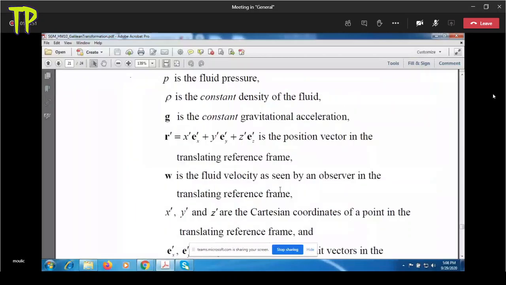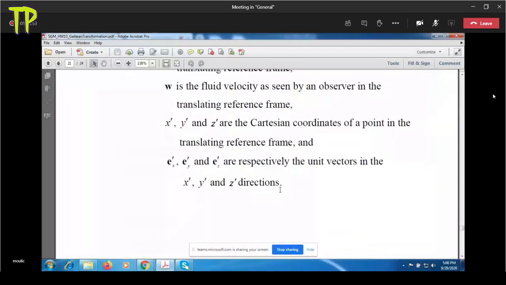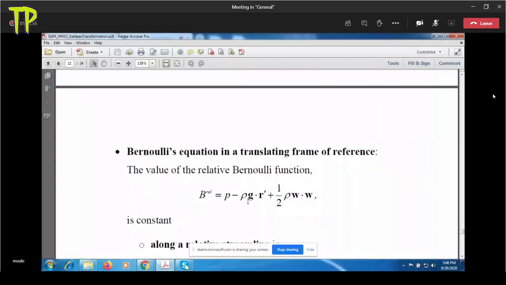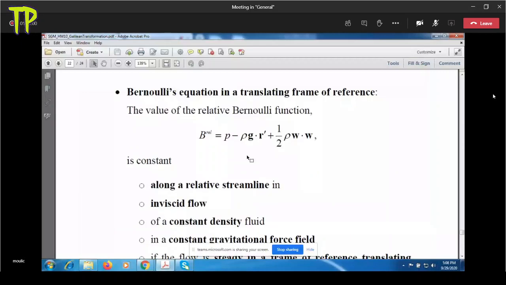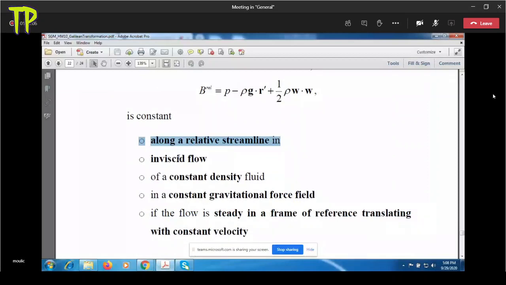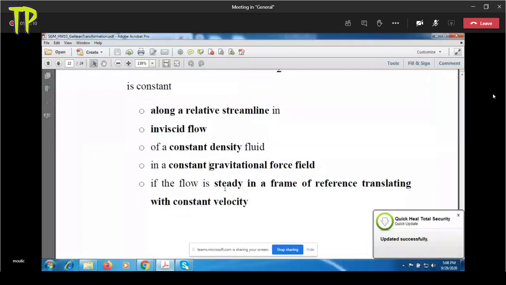Then the value of this relative Bernoulli function will be the same at all points along a relative streamline, if the flow is inviscid, the density is constant and the gravity is constant. And in addition, the flow is steady in the translating frame.